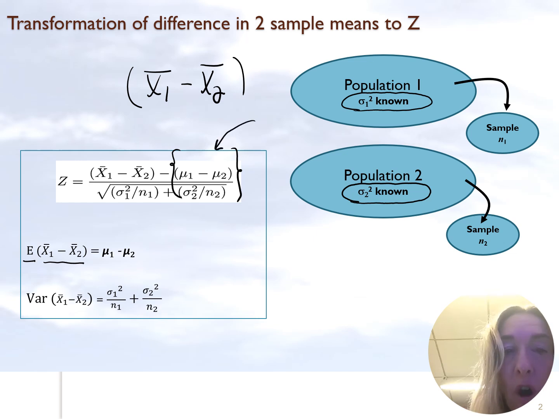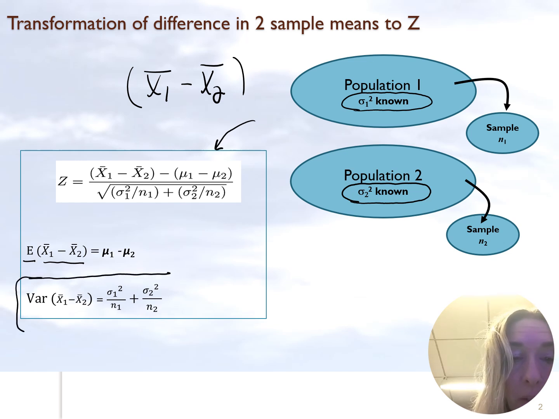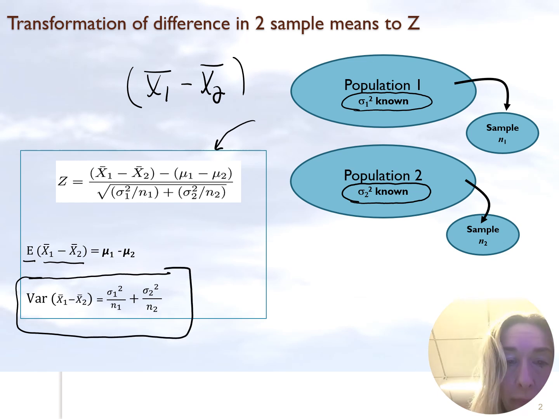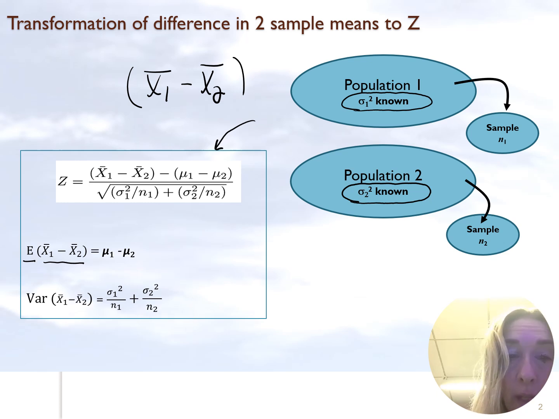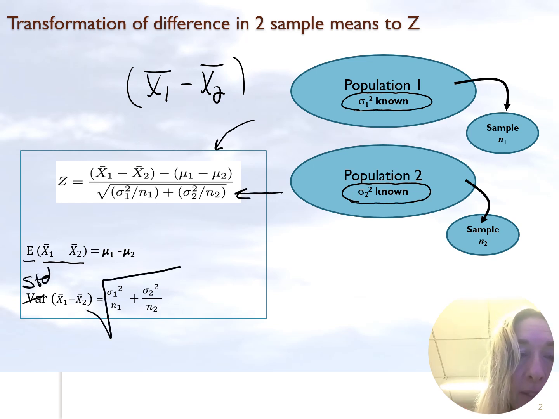So we subtract off mu1 minus mu2, and then we divide by the standard deviation of the difference in the means. You'll recall that the variance of the difference in the means is equal to sigma 1 squared over n1 plus sigma 2 squared over n2. So in order to get the standard deviation shown here in the denominator, we simply take the square root of that.